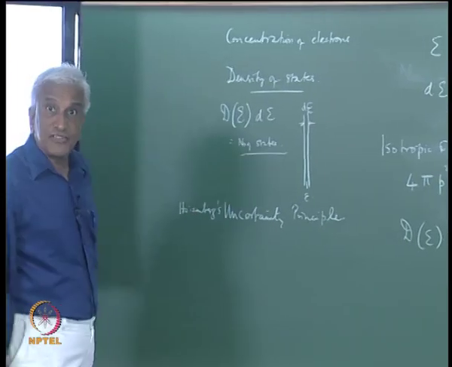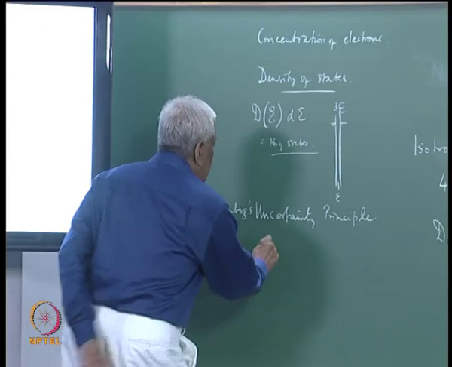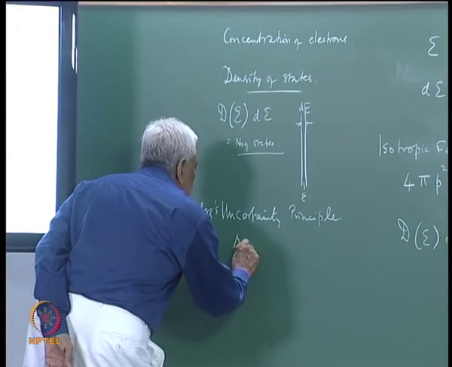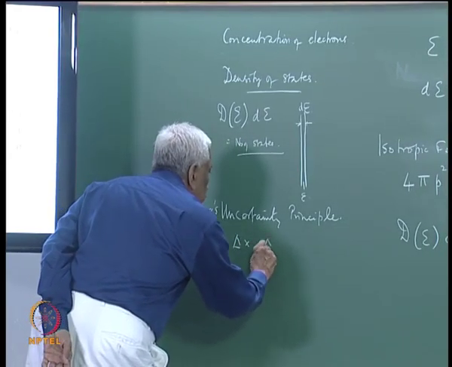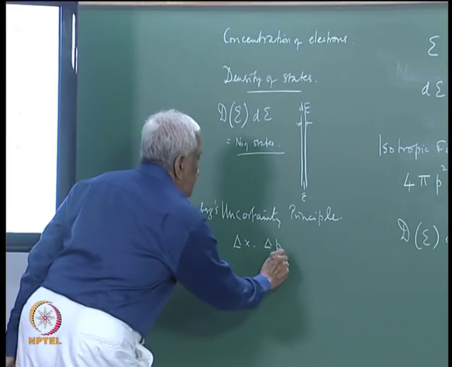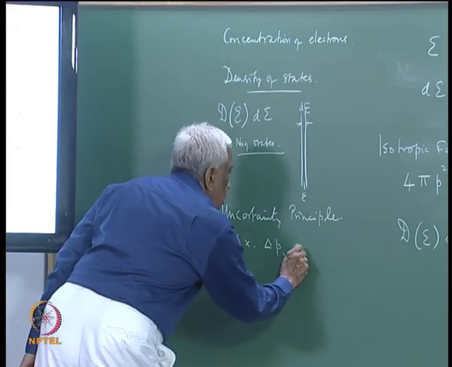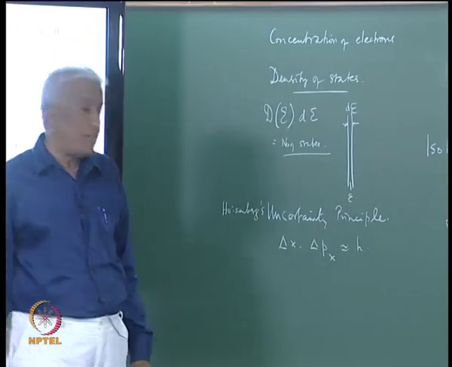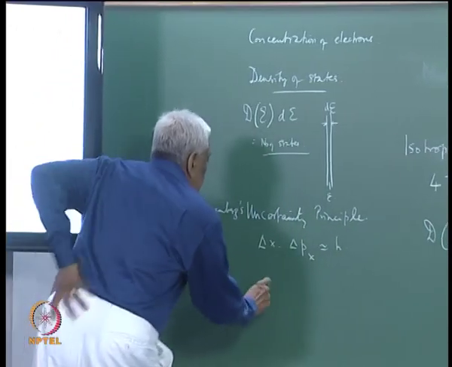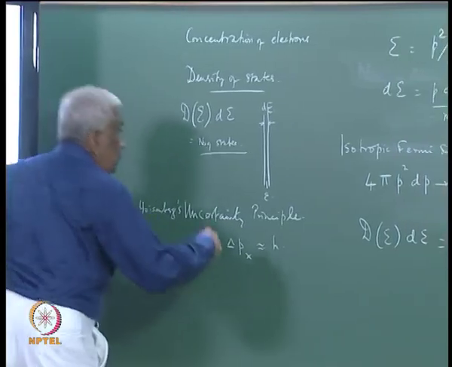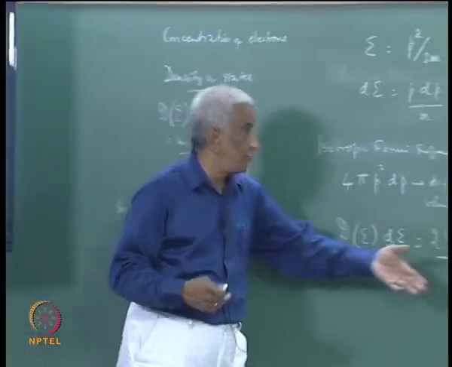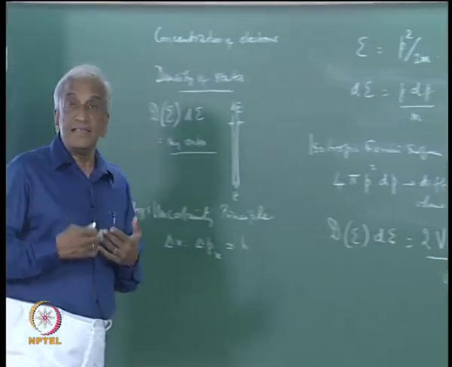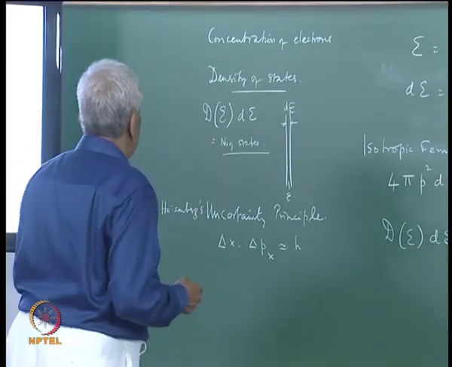This principle states that the product of uncertainties of position and momentum is of the order of the Planck's constant, and this is in one dimension. Therefore, we can write the volume of a cell in phase space as the product of the uncertainties.